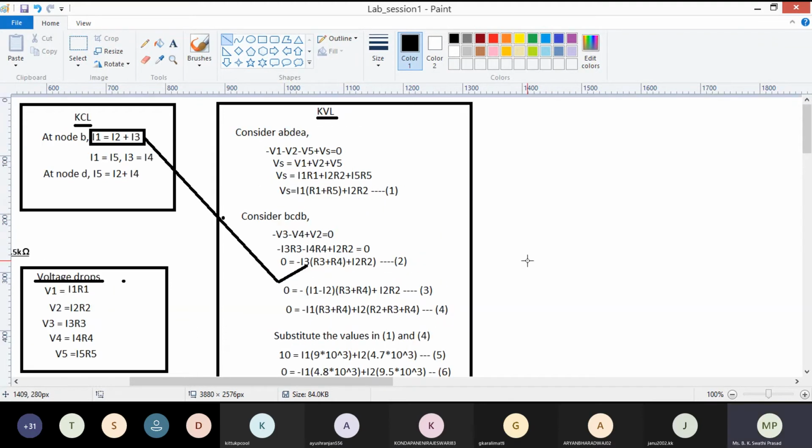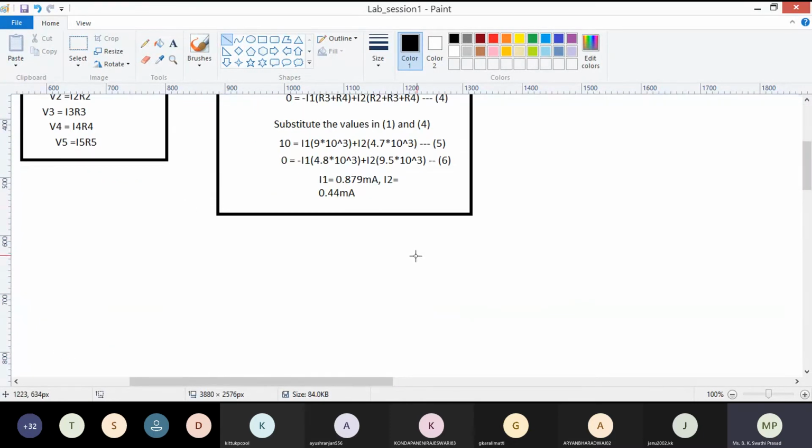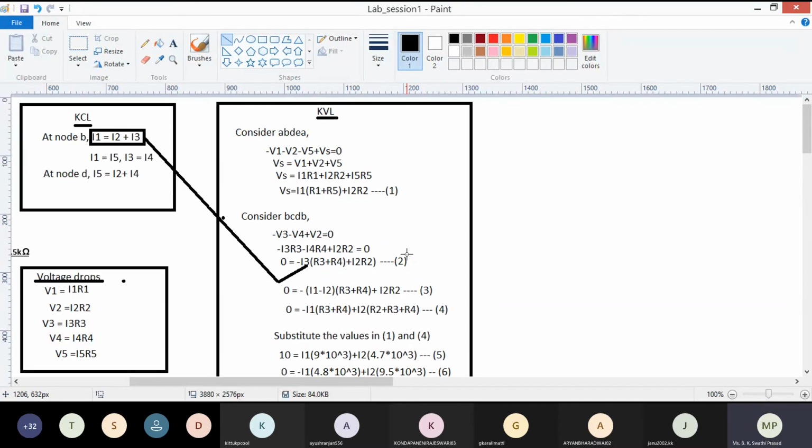Now what you have to do is, you know from KCL the current values, and you have now calculated I1 and I2. Can you calculate I3, I4 and I5 from these KCL equations? Yes, ma'am. I3, I4, I5, all the three currents you calculate and check whether you get I1 the same as whatever you have got here after substituting there. Okay, right? Okay, ma'am.